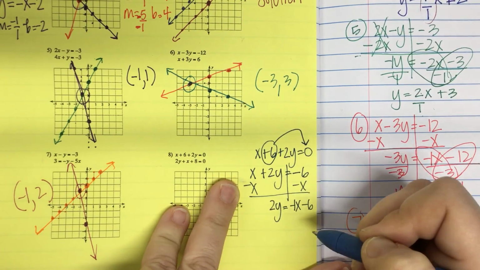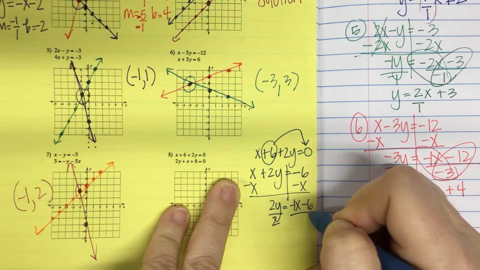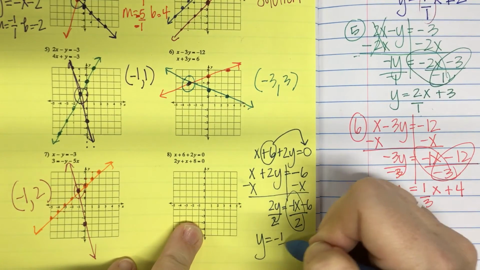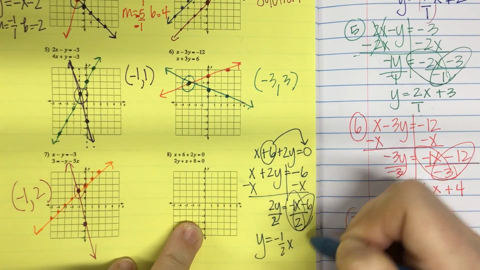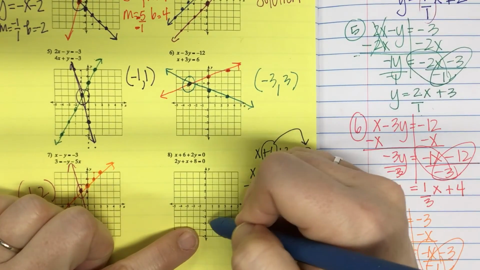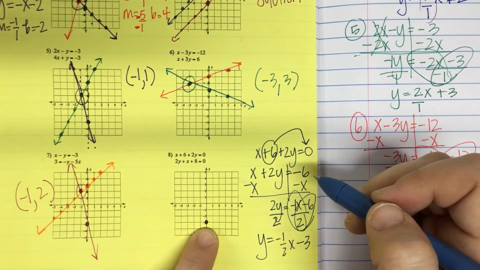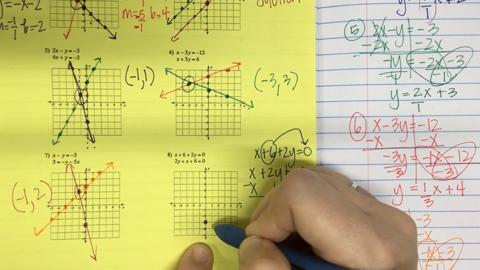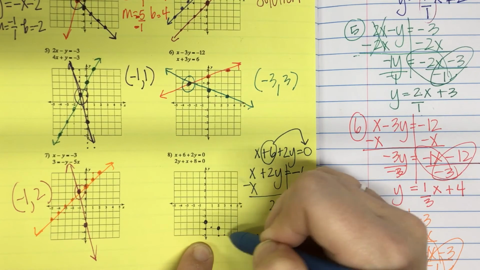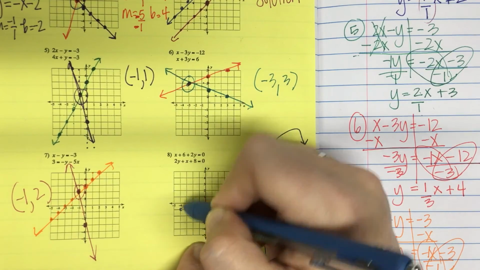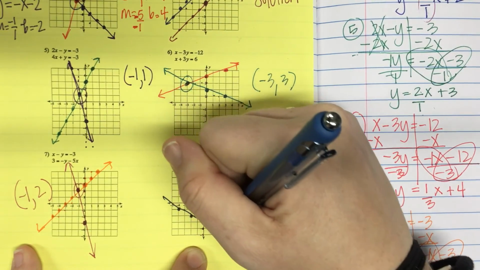Throw a 1 in there. Divide by 2. Y equals negative 1/2 x minus 3. So negative 3 is my y-intercept. And I'm going to go down and positive 2, or up and negative 2, up 1, negative 2, both are the same.